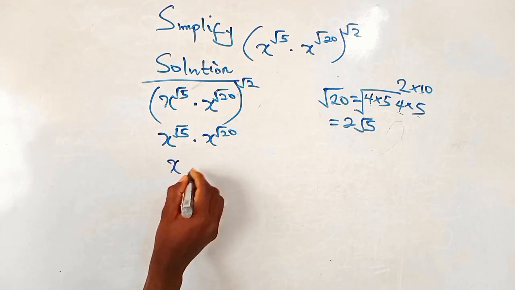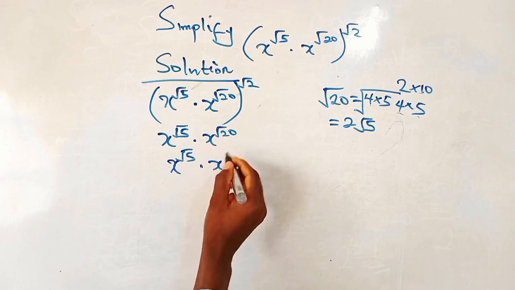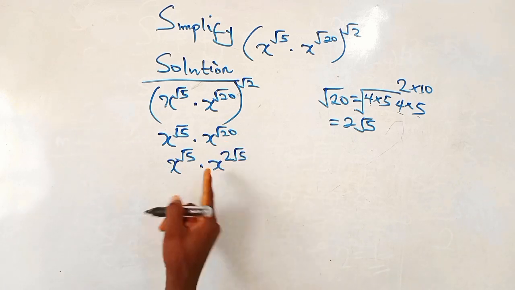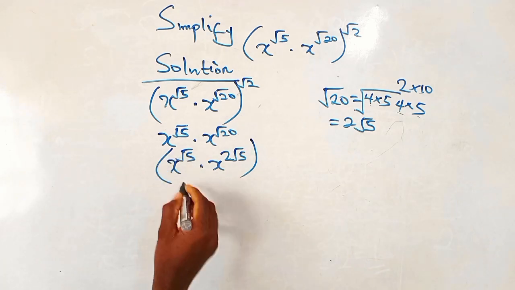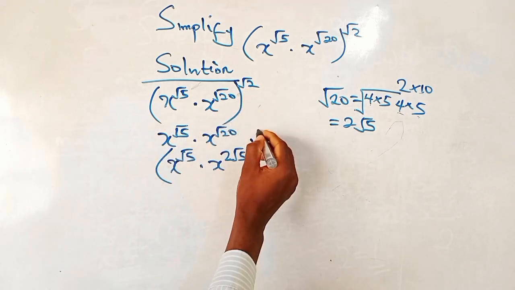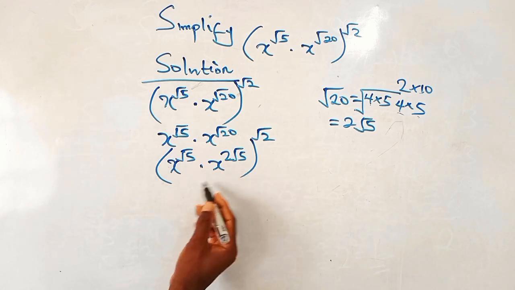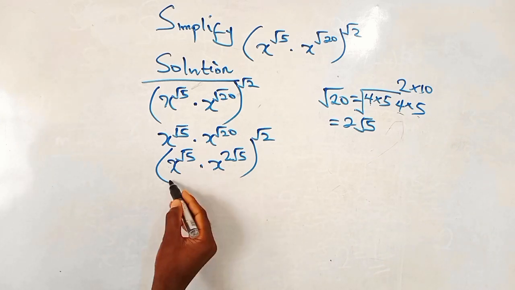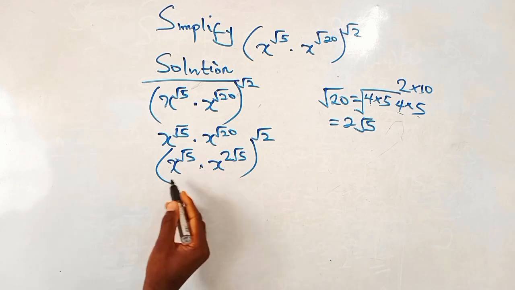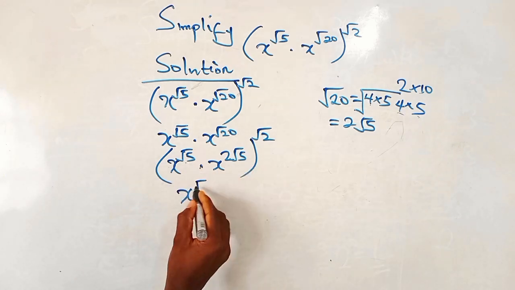So here I have x to the root 5 times x to the 2 root 5. They are the same base. Do not forget we have our parentheses and our exponent, which is root 2. So we are still solving. Here we have the law of indices: when you are multiplying the same base, you pick out one base and add up the powers.